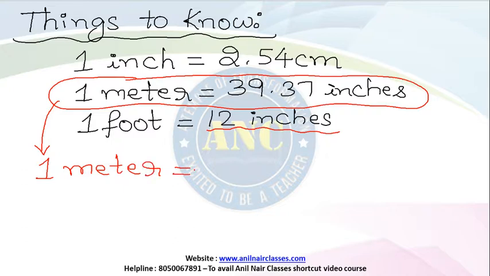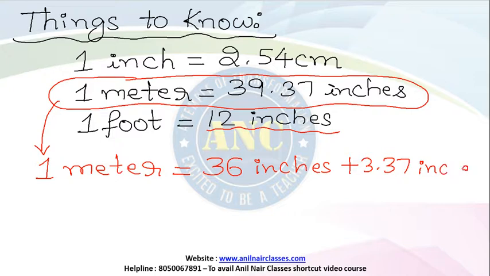Instead of directly writing it in inches, I will write 39.37 as 36 inches plus 3.37 inches, because that is nothing but 39.37 inches itself.